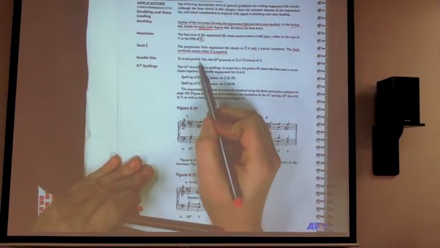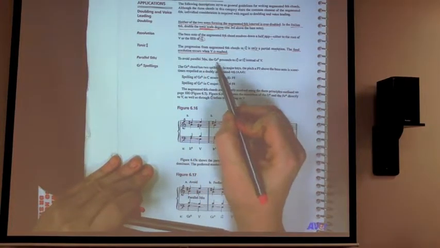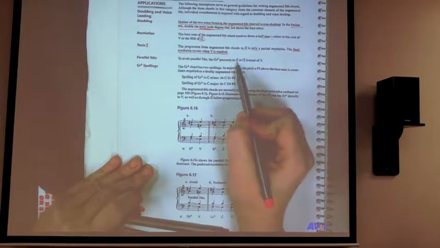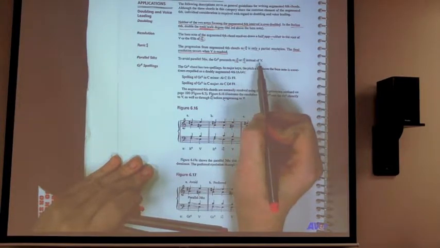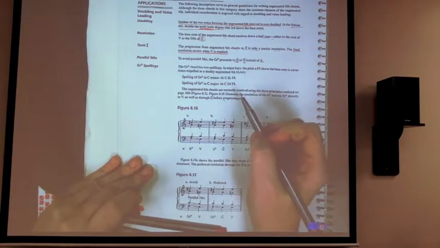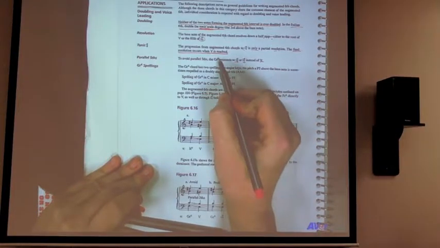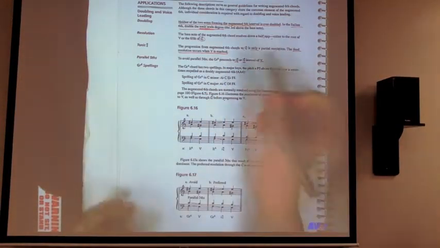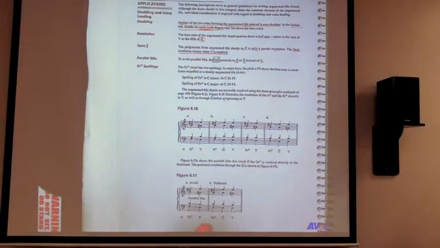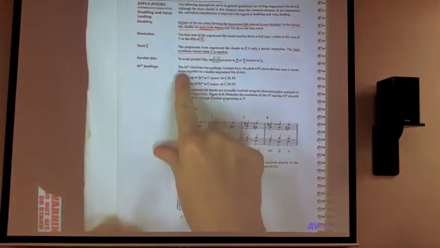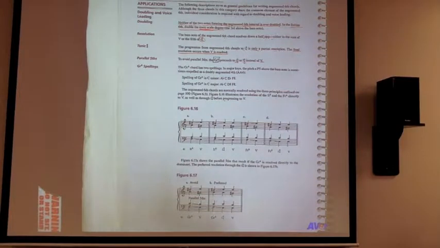To avoid parallel fifths, the German sixth almost always proceeds to the 1/6/4, minor or major 1/6/4, instead of directly to 5. All right? So this is just for the German sixth. Now the German sixth chord has 2 spellings.